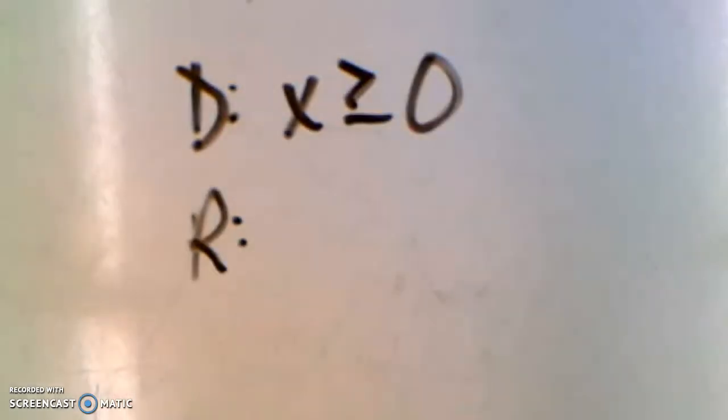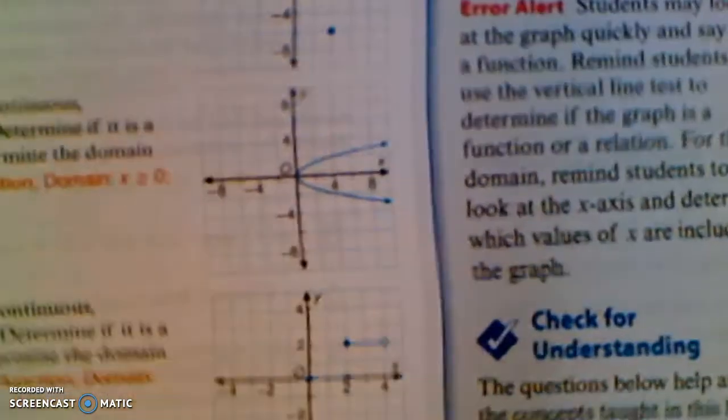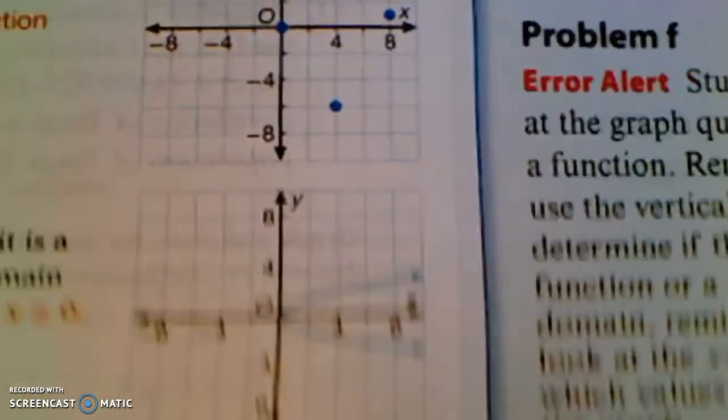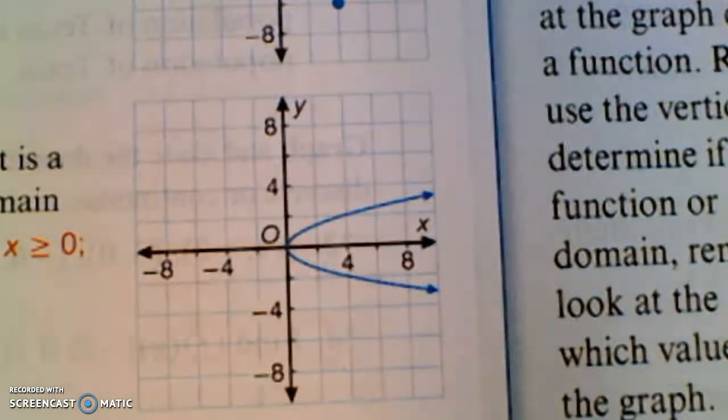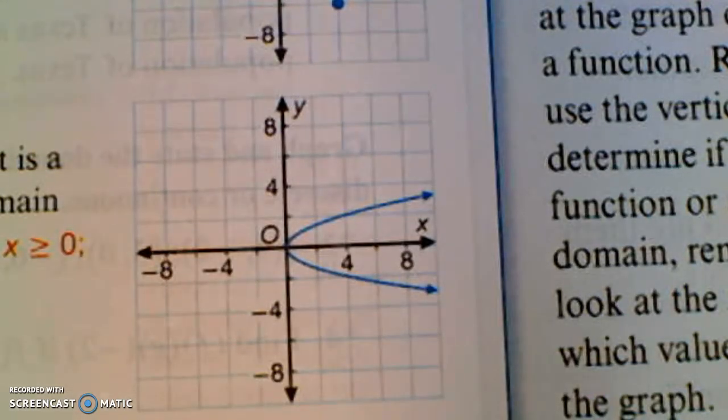What about the range? The range sometimes, in a case like this at least, is harder to understand. What y values are represented? Most people are going to say 3 to negative 3 because that's all they can see. What do we know about the arrows though? Eventually, if you go far enough to the right, it's going to keep going up forever, right?